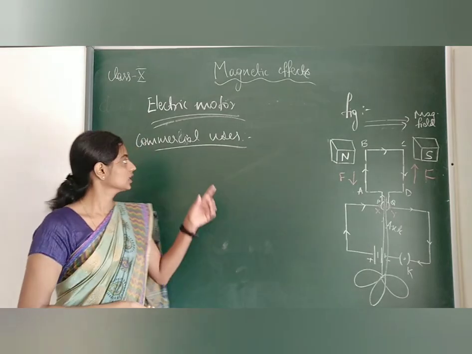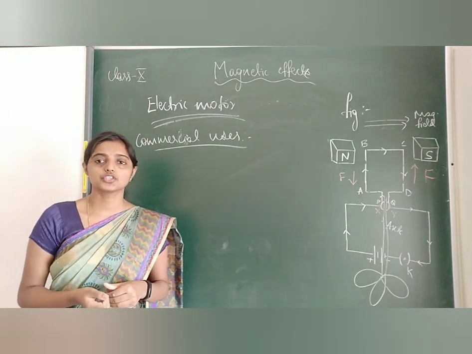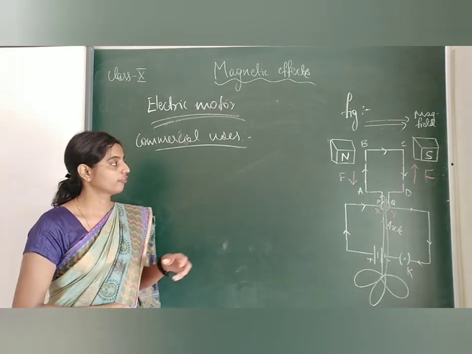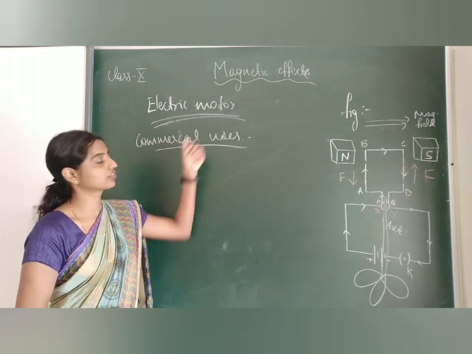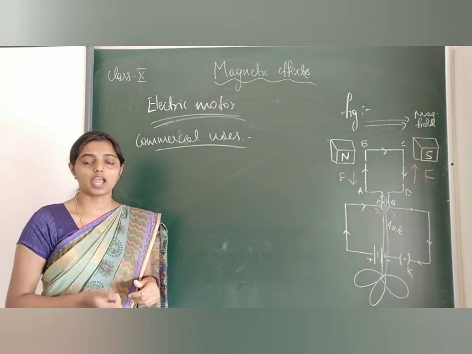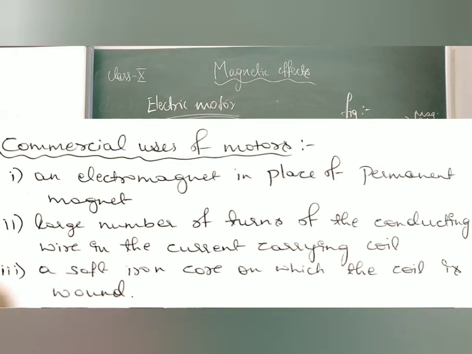Now let us see commercial uses. Commercial uses are nothing but where we can use this electric motor. We have 3 points. One is an electromagnet in place of a permanent magnet, and a large number of turns of the conducting wire in the current carrying coil.